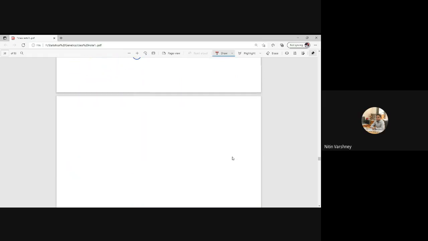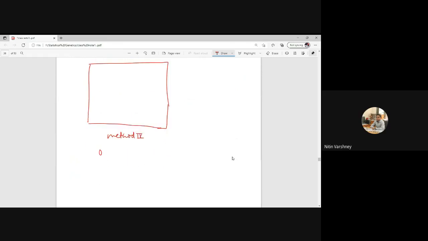Now there is the fourth method, in which only F1 crosses are considered. So we will ignore this. I am writing dot only. So here only y12, y13, y23. If p is equal to 3, the number of crosses is 3. If p is equal to 4, how many crosses?